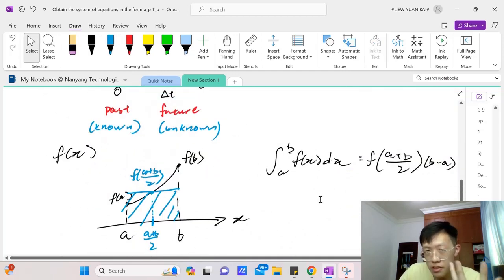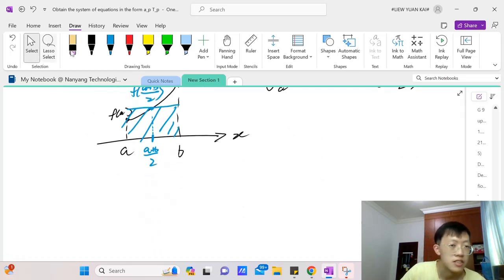But take note, when do you use these three formulas? Okay, so it's important to know. You will only use these three formulas.